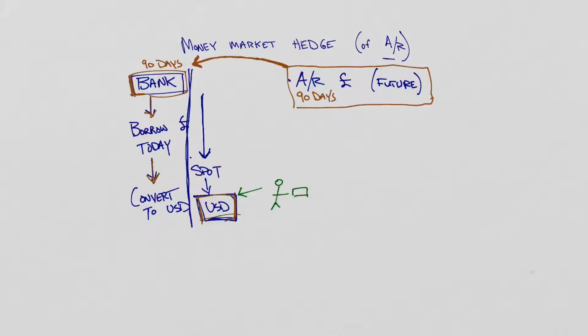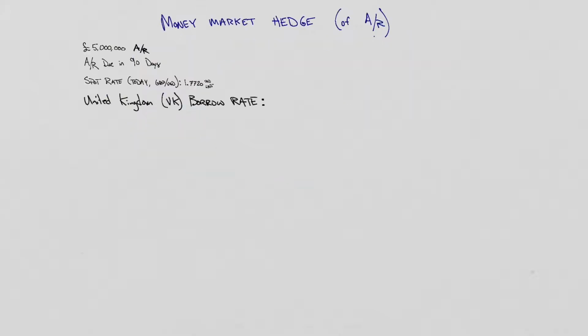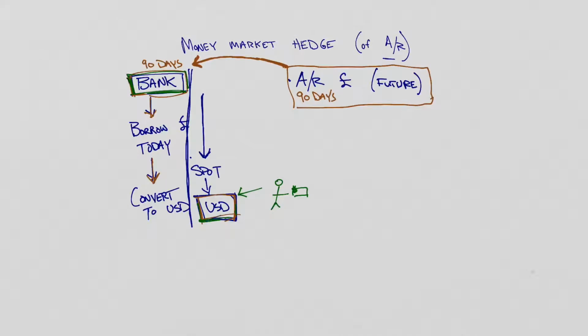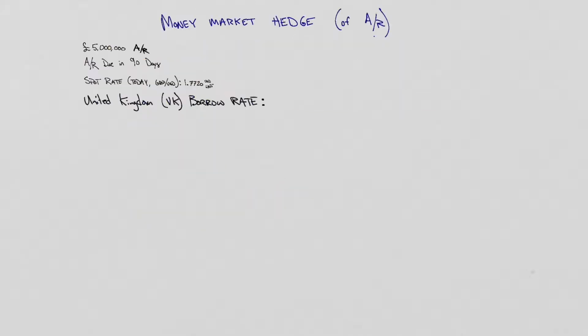As a company, it's always nice to have money today rather than later, and we got that with this hedge. Instead of having it in 90 days, we got the currency today. But we paid a bank some sort of interest rate to have that benefit, and so we also have to factor that in. So let's say that interest rate from this London bank is 12% per year.